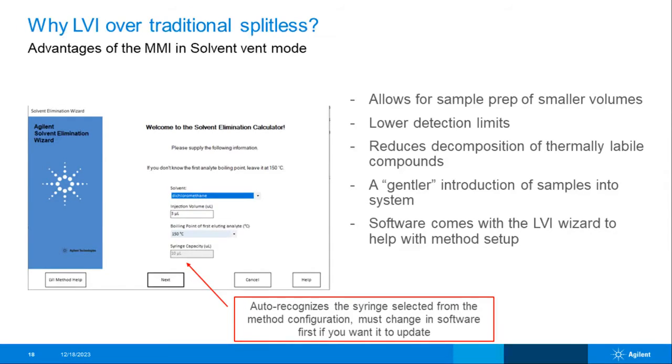So it's important to note that if you're trying to experiment here with what larger injections could look like, 10, 15, 20 microliters, it will not let you do so unless you actually have a larger syringe configured in your software. So you have to exit back out of this box, change it in your software in the configuration, and then come back into the software. And you should see it updated as to which syringe size you have.